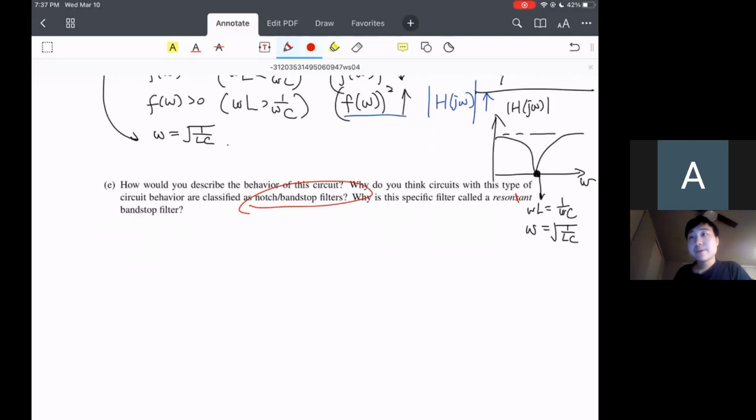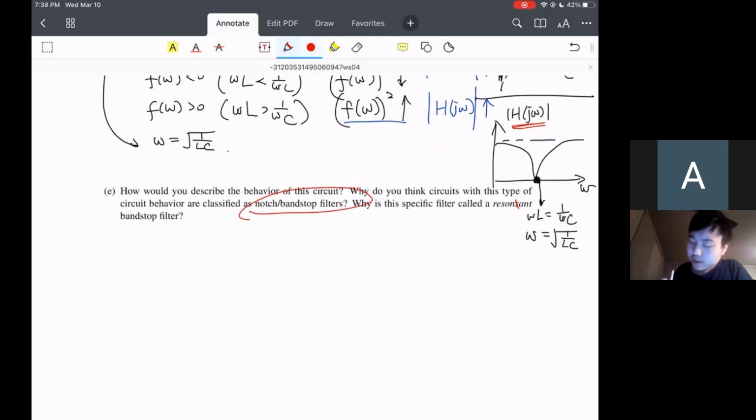As we have seen in parts C and D, the magnitude of the transfer function is close to 1 for any point other than omega equals root 1 over LC, at which point the magnitude reaches 0. So this is exactly the opposite of the typical bandpass filter, right?